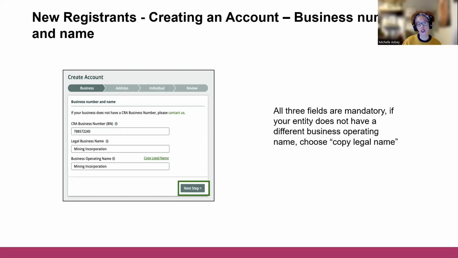So the first thing that you need to do when you enter into the portal is fill out this form. And the first step is to include your CRA number. We get a lot of questions, but why do you need our CRA number? The CRA number ensures that each entity that's registered in the portal has a unique account. We need to keep all the accounts separate, obviously.